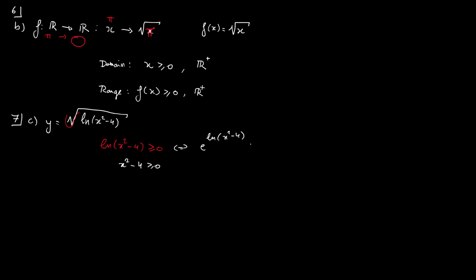So let's take the exponent of both sides, and then here e to the power of 0. This will tell us that x squared minus 4 needs to be greater or equal than 1. Meaning, if we look at both of these restrictions, this one over here and this one over here, this is clearly the strictest, right? So we're going to work with this one.